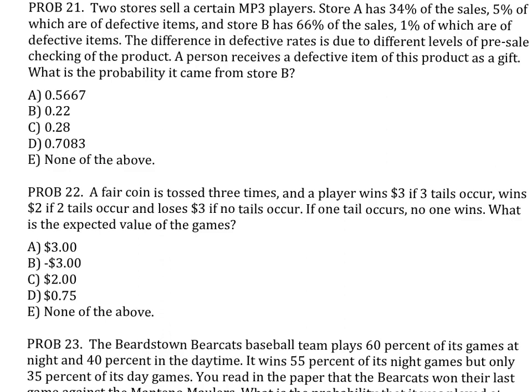In this problem, we have to begin by presenting all the possible arrangements we might see of flipping 3 coins. And here they are. If 3 tails occur, the player wins $3. So this outcome is worth $3.